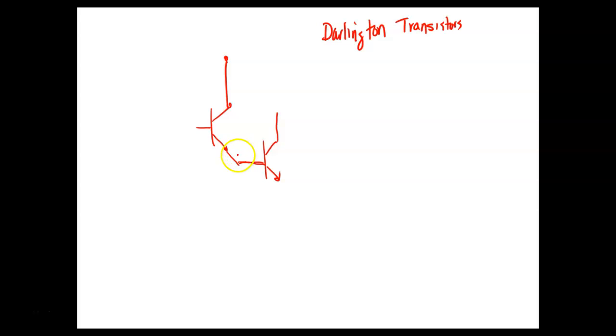Well, you don't ever see this emitter right here. If you wire it, you'll see it. If you buy the transistor, guys, it's going to come in with 3 leads. Now, what's important about this is you can't check this guy with an ohm meter, because you're breaking down 2 junctions.